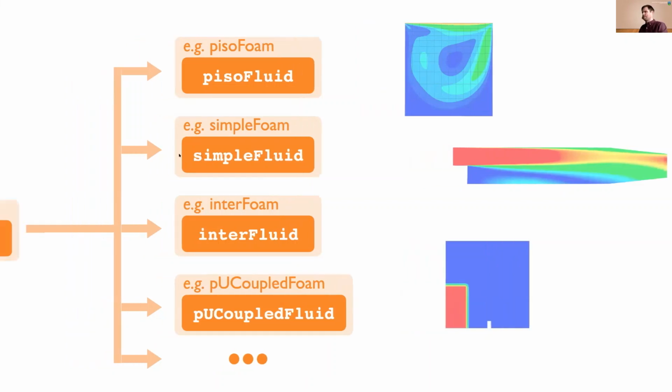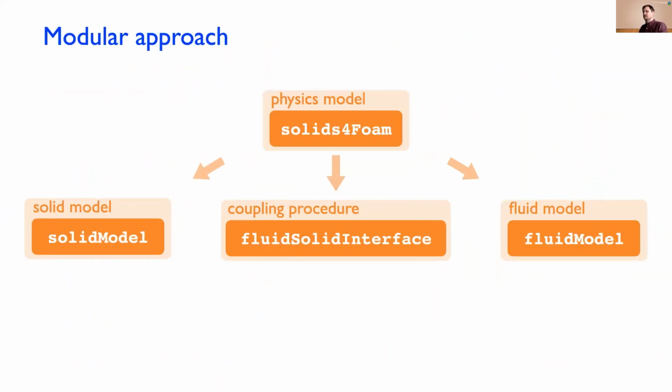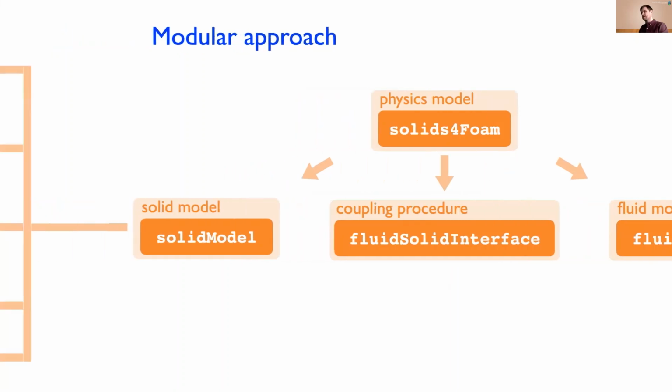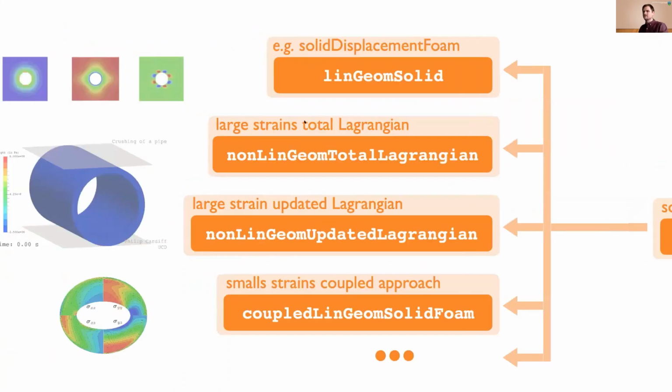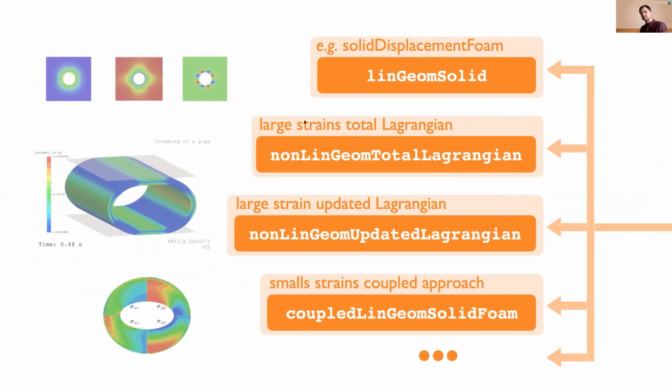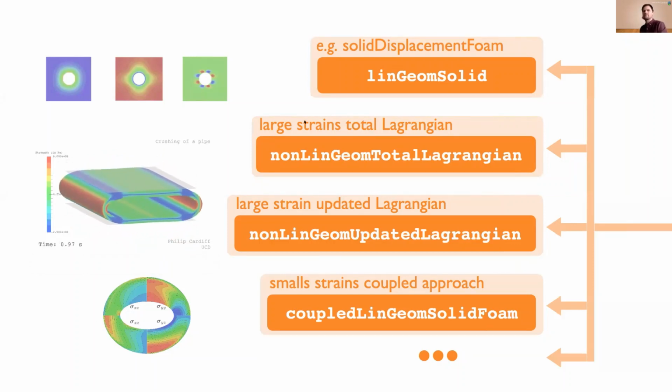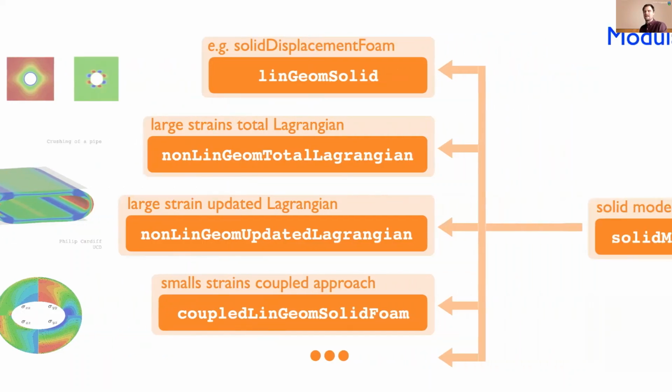And in the same way for the solid models, just like in fluid mechanics, where you can have compressible, incompressible formulations, steady state, semi-compressible, many different approaches, you can have the same thing in solid mechanics. The two principal categories are linear geometry and non-linear geometry approaches, so that's small deformations or large deformations. And within that, you can have different types of approaches as well. Each one of those is implemented as a class.